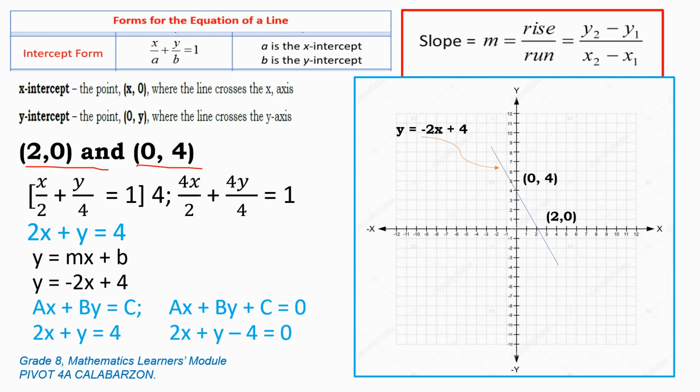So after that, you can remove this, or by using the LCD. 4 divided by 2, that is 2x. 4 divided by 4 is 1, so y. So 2x plus y equals 4. So yun, we have now the standard form.